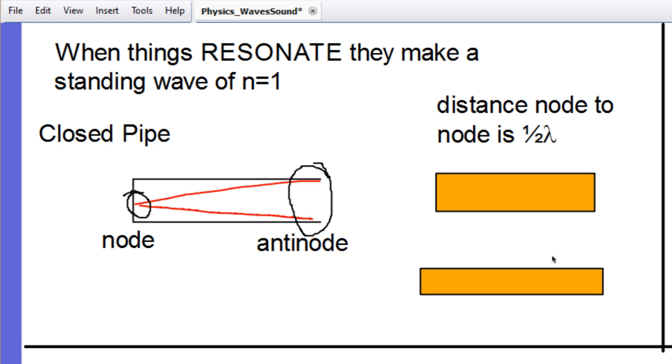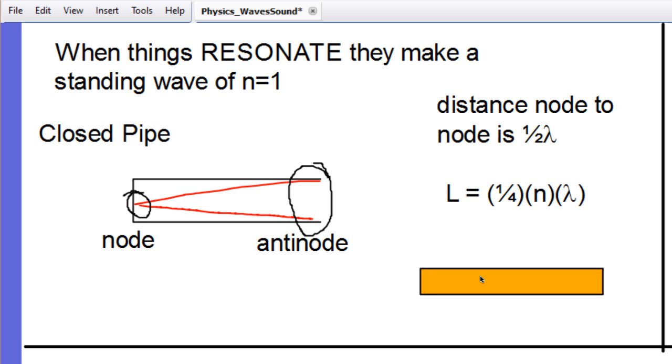All right, now if you got a closed pipe, so this would be something like a flute. You got a wall on one side, so a node, and you got an opening on the other, so you got an antinode. In this case, the distance between node to node is still 1/2 a wavelength, so here we really do have a nice, clear, obvious 1/4 wavelength relationship.